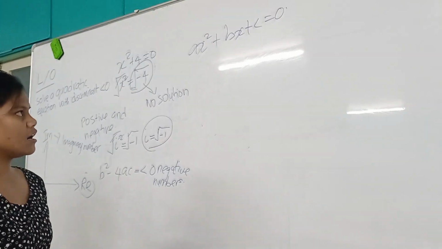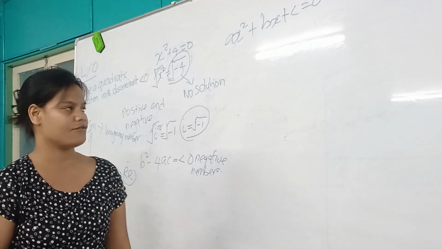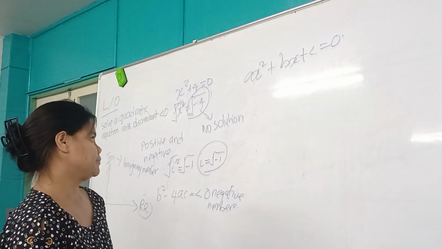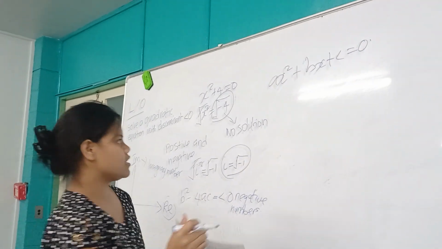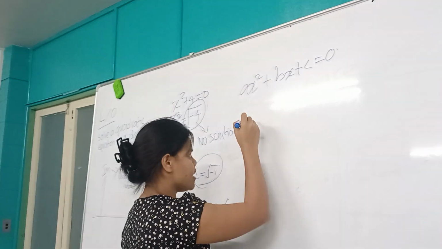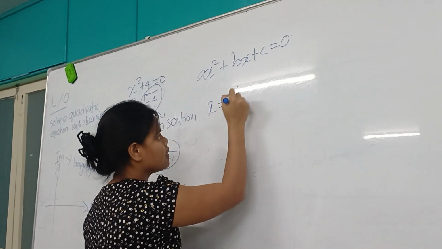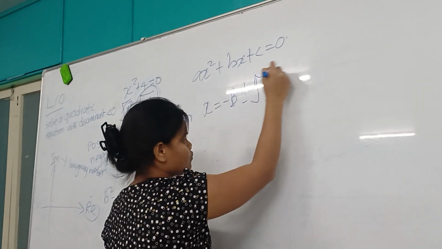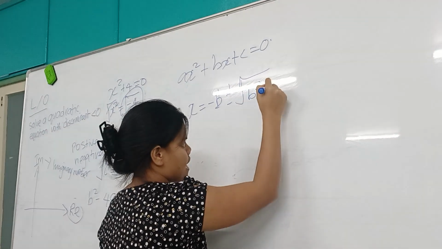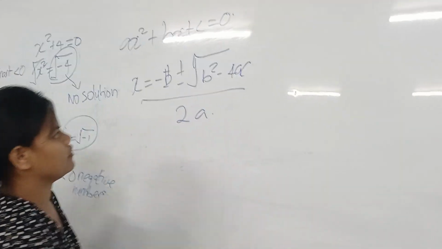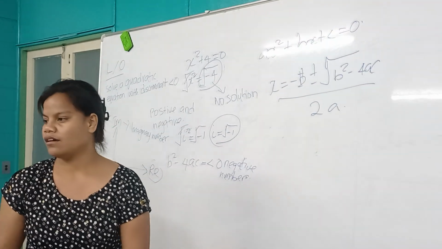And in your Year 11, Form 5, what is the formula of the quadratic equation? Thank you, Mary. x equals negative b plus or minus the square root of b squared minus 4ac, divided by 2a.